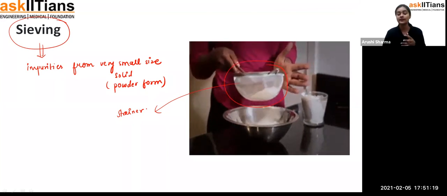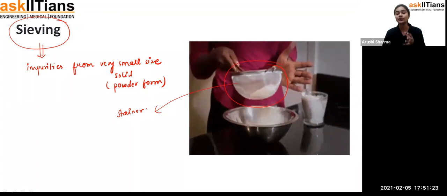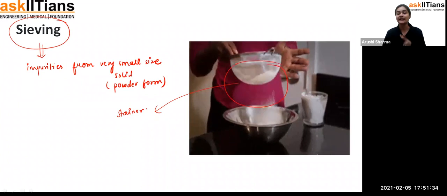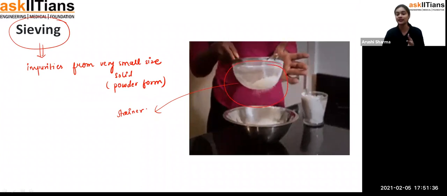So only the powder part of the flour is going to be separated out, and the impurities will be left behind. That's how, students, this is the sieving method in which we separate out the impurities from any powder like structure, and in this method we generally use a strainer.